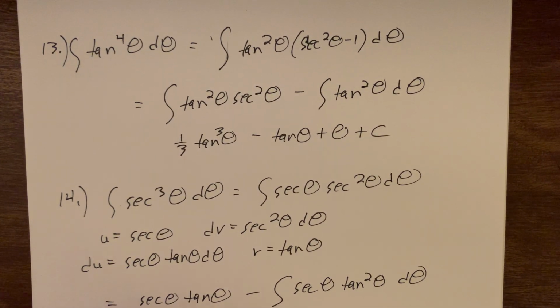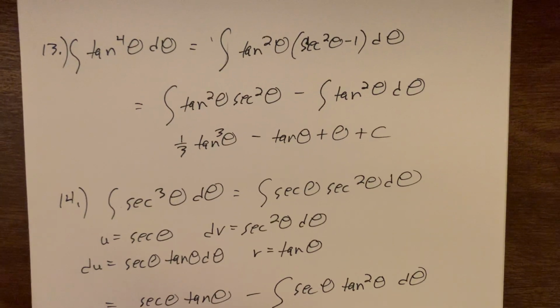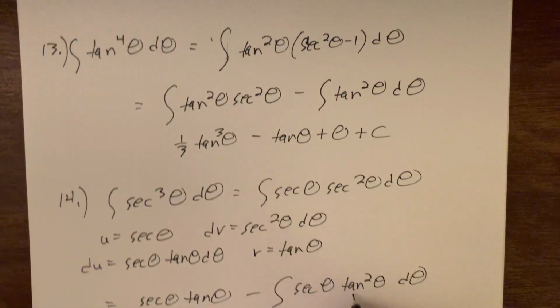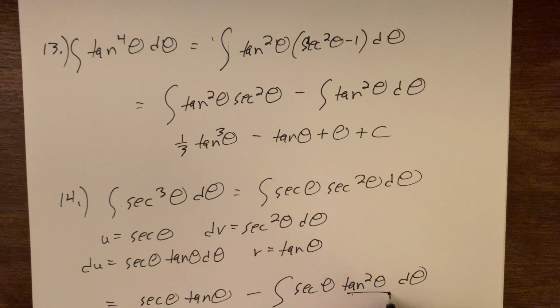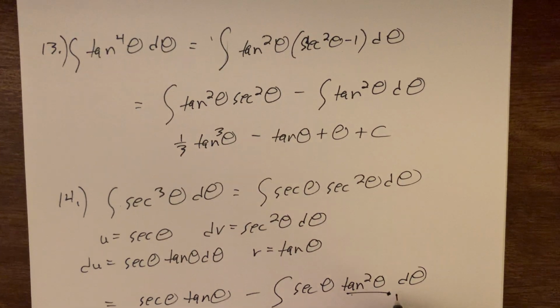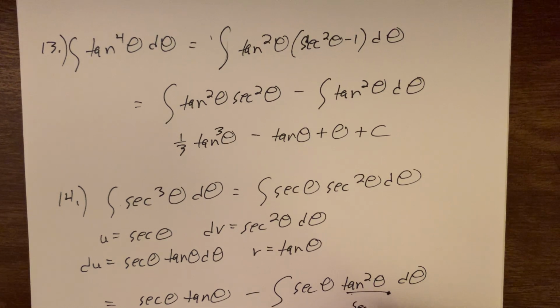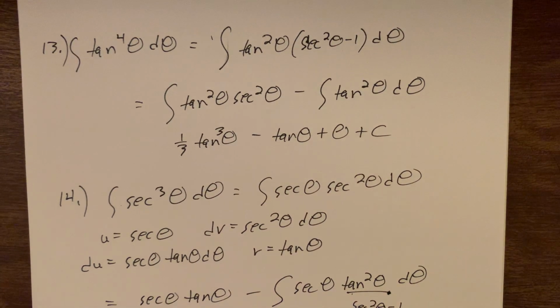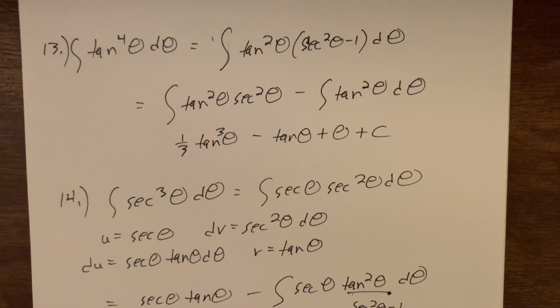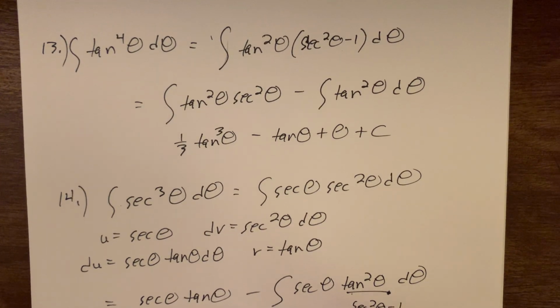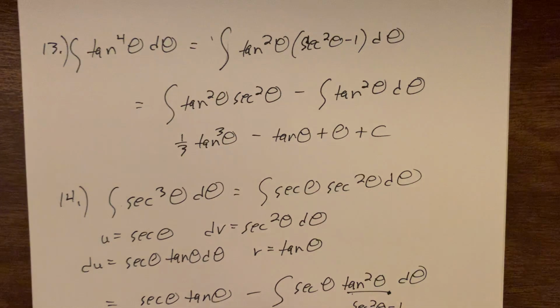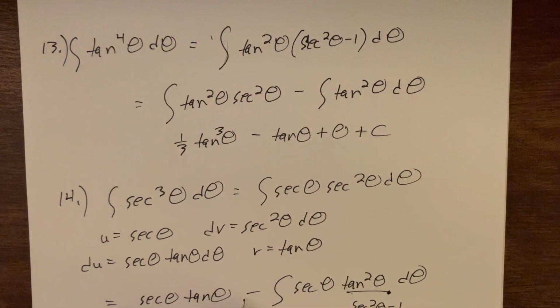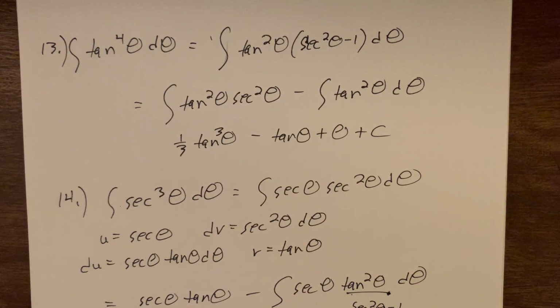And now, seems a little strange, but now I come here and I apply the identity. So this will become secant squared minus 1. Why do I do that? So I can distribute secant times secant squared. I get secant cubed minus secant. But don't forget this minus is out in front of everything. So that makes this a plus.